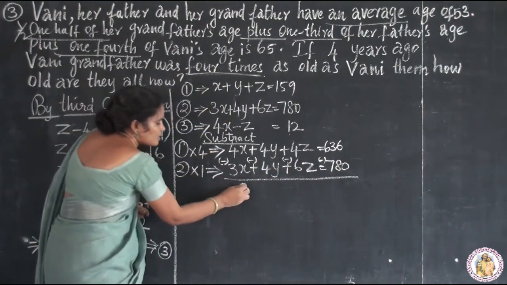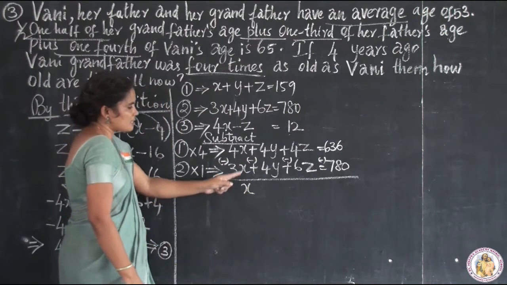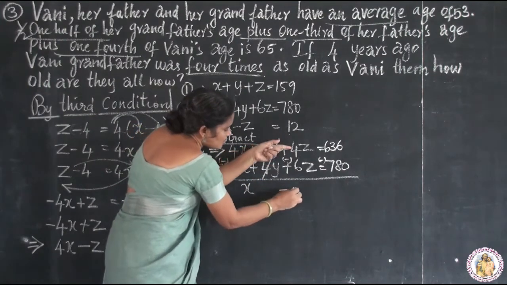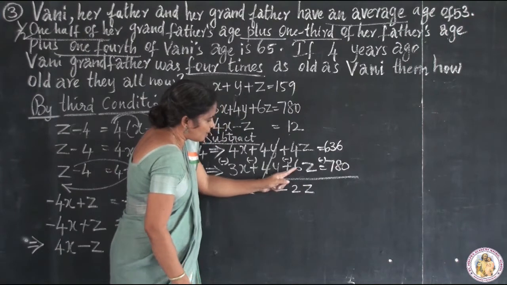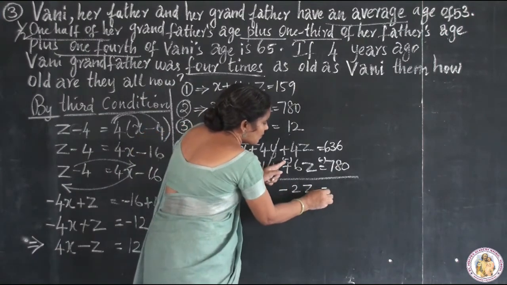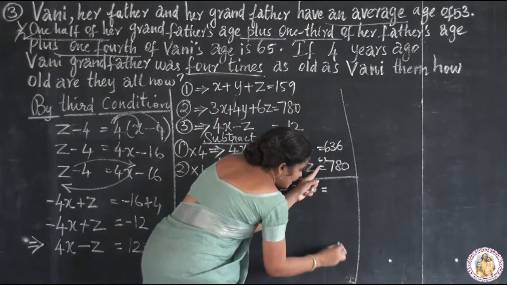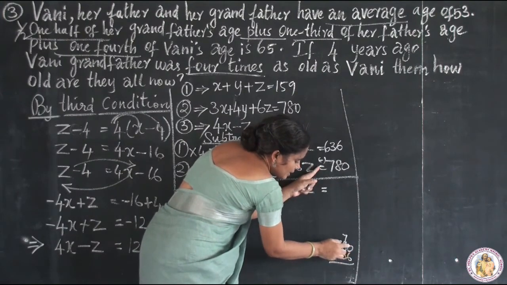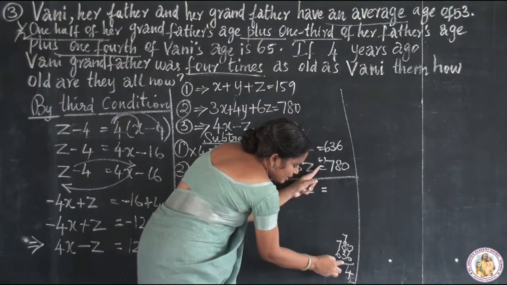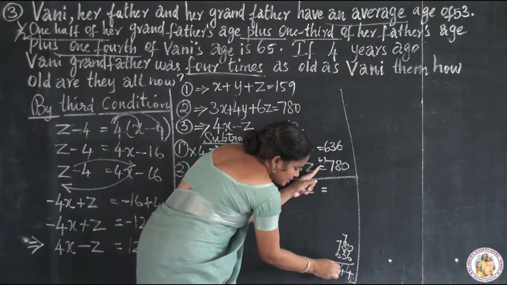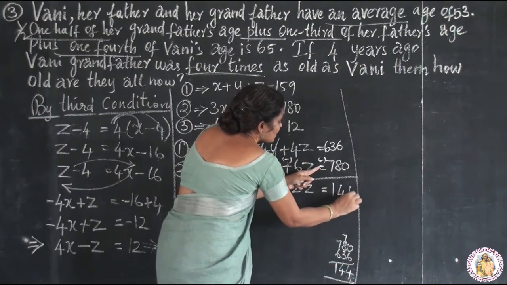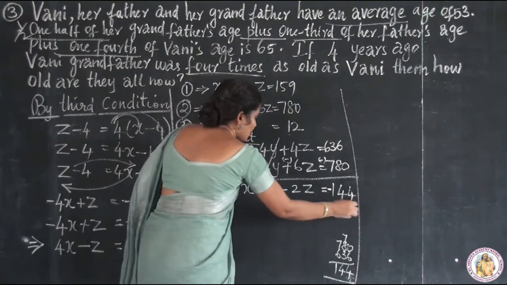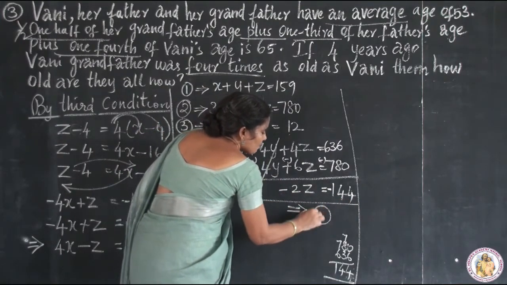Now 4 minus 3 is 1, so 1x, and 4 minus 4 cancels. 6 minus 4 is 2, so minus 2z... wait, 636 minus 780: 780 is greater, so subtracting 10 minus 6 is 4, 7 minus 3 is 4, 7 minus 6 is 1, giving 144, so it is minus 144. Taking this as the fourth equation.